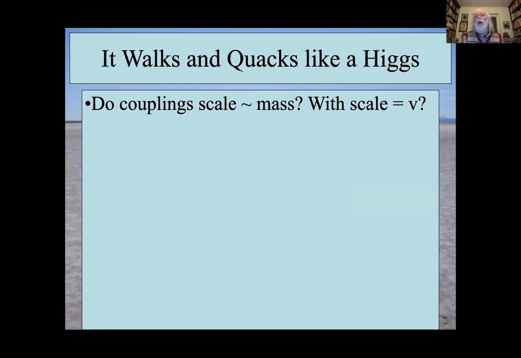The more we look at the Higgs, the more it walks and quacks just the way it should in the standard model. For example, one key prediction of the standard model was that the couplings of the Higgs to other particles should scale proportional to their masses, and that the overall coupling scale should be identified with the electroweak vacuum expectation value v of 247 GeV.